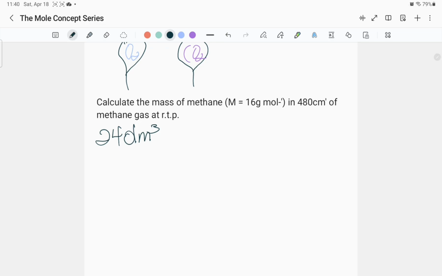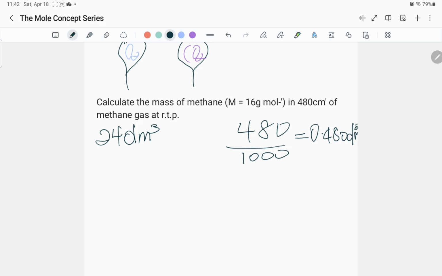Because it is in dm cubed, there's a conversion that needs to take place, because we have the volume of gas in centimeters cubed. To convert this, we divide the 480 by 1000. So 480 divided by 1000 will equal 0.480 dm cubed.